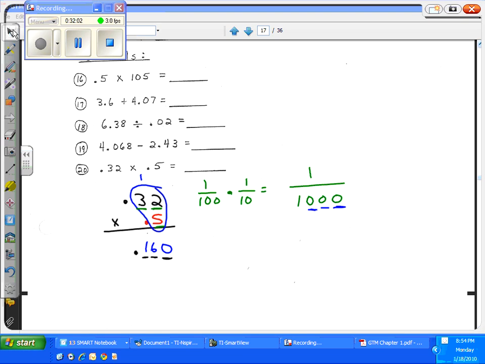Now watch where the trick you learned comes from. You learned a trick that says count up the number of decimal places in the factors and put that many decimal places in the product. It just so happens that the number of decimal places in the factors is the same as the number of zeros in the names of the factors.